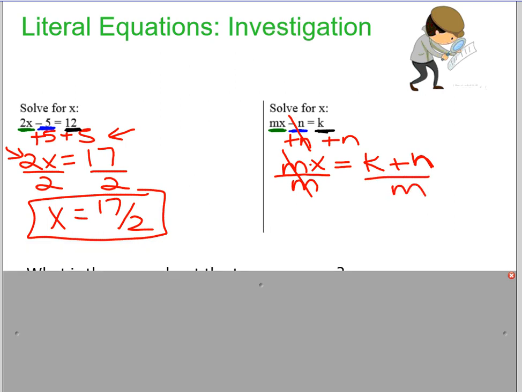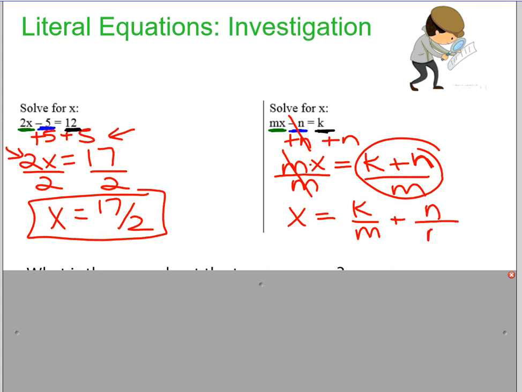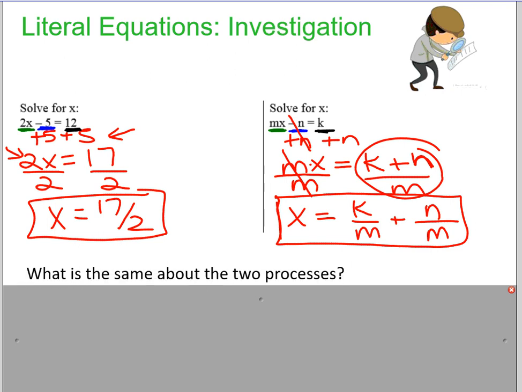And now I have x is equal to k plus n over m, except we're going to break up this fraction here, and we're going to write this as k over m plus n over m. Now here's my final answer. That's what x is equal to. It looks a little crazy, right? But I'm making sure that I didn't combine terms that aren't like terms. And my answer is just all using variables, okay?